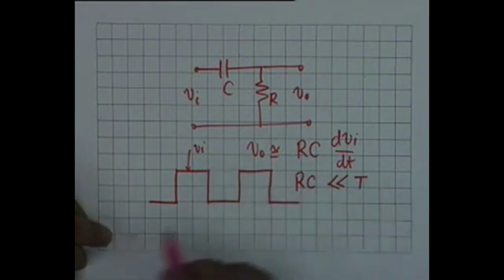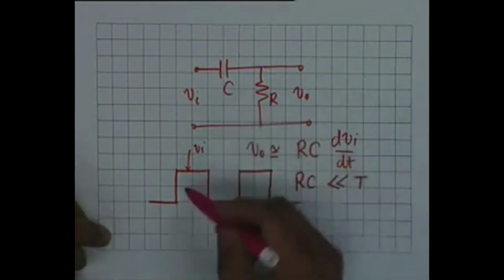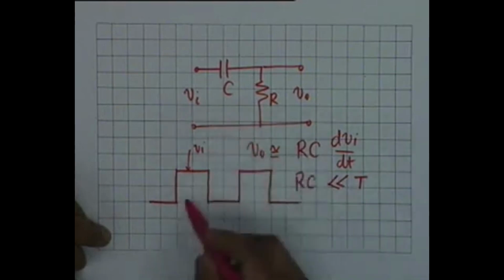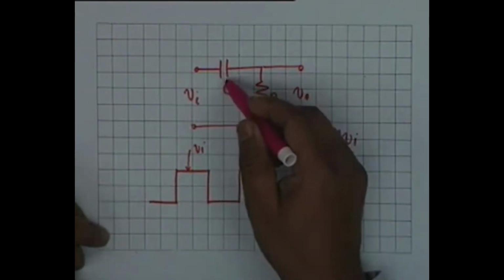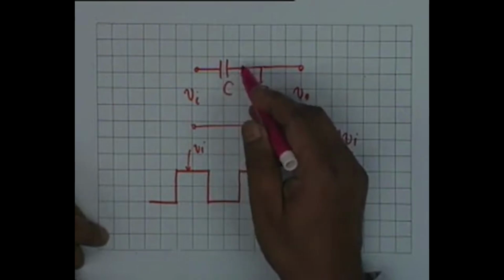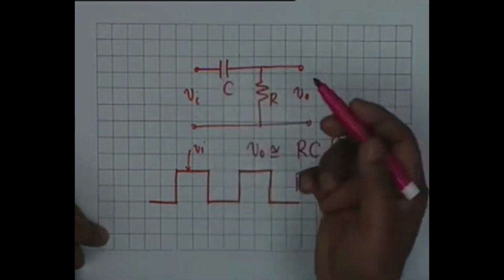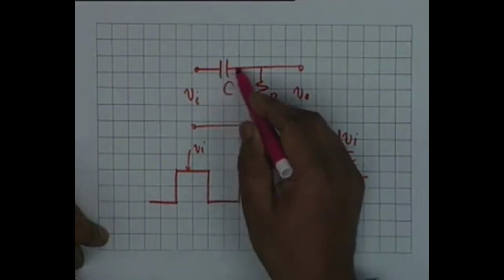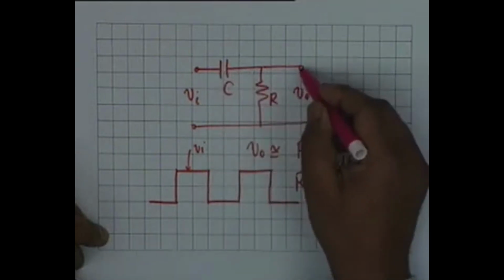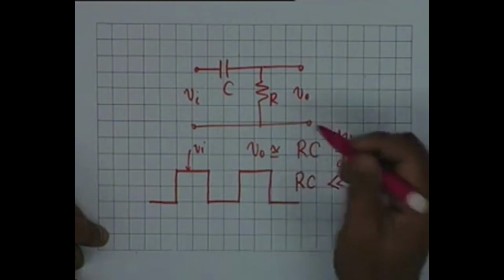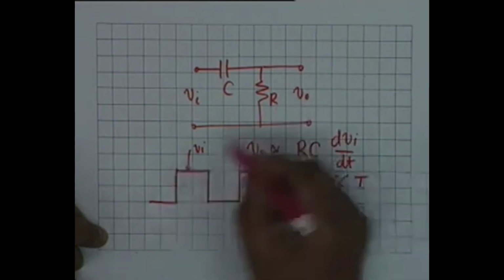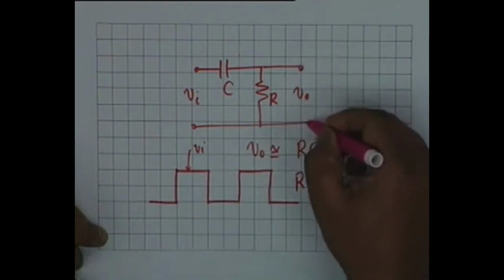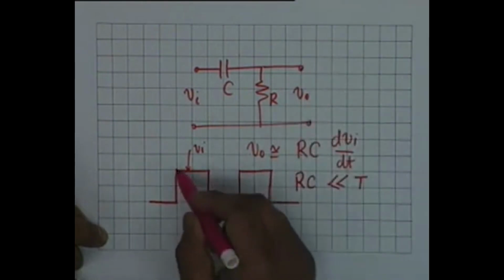In practice what happens is, as soon as this waveform is fed here, the capacitor, which was uncharged, cannot change its charge instantaneously. So the capacitor acts as a short, and the total voltage is dropped across the resistance R, and therefore the output voltage rises from 0 instantaneously to the value Vi.